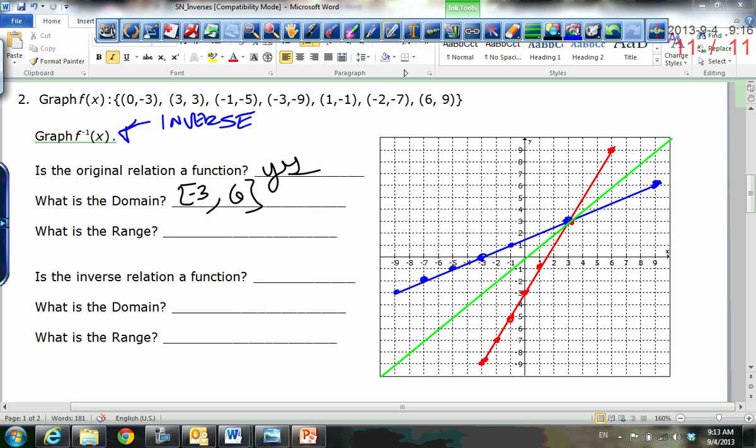Yes. Okay, range, going bottom to top, looking at the red. What's our lowest value? -9. What's our highest value? 9.